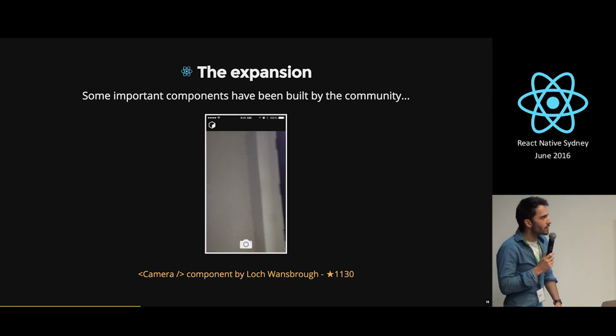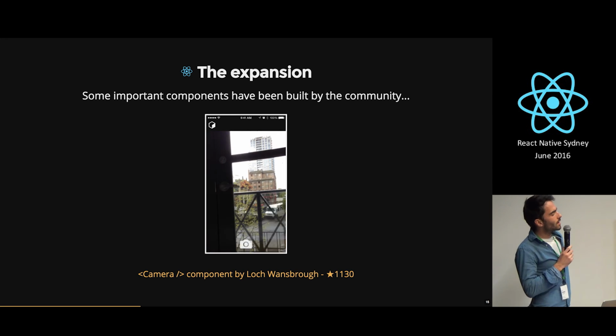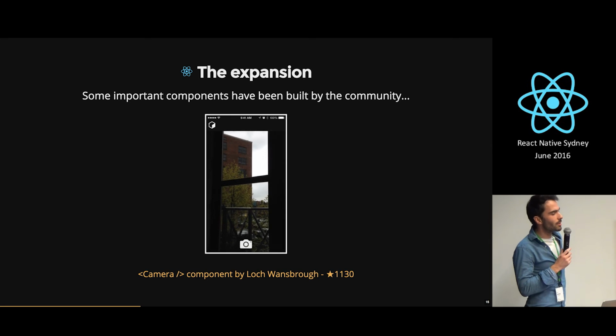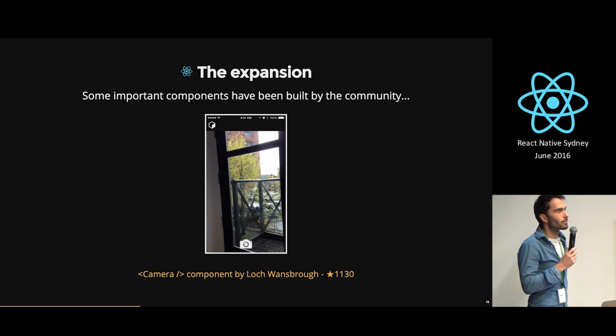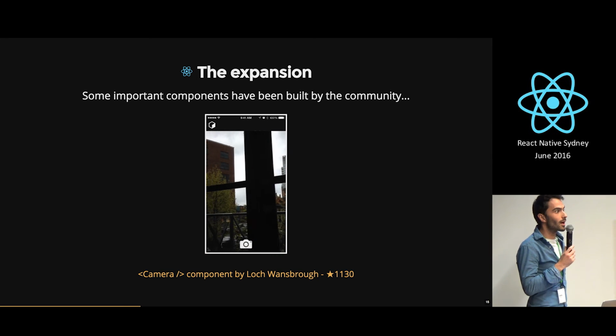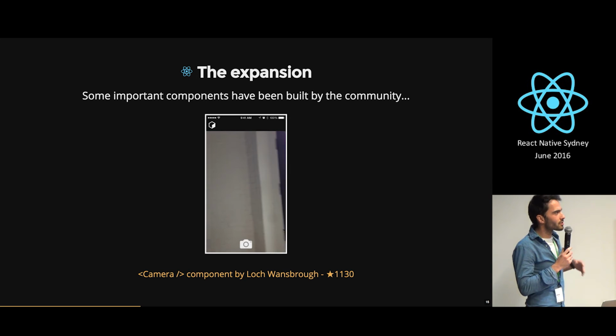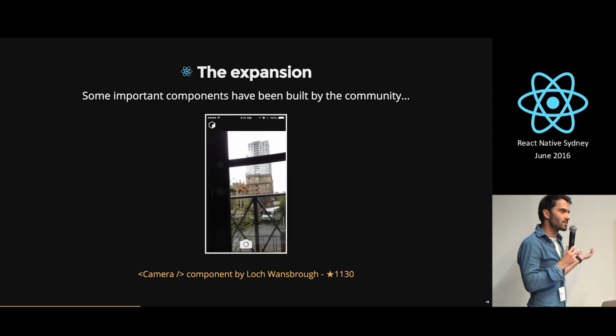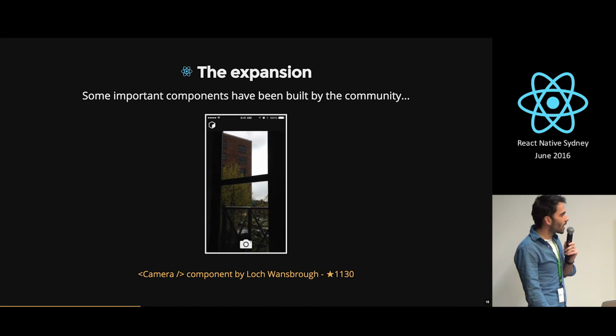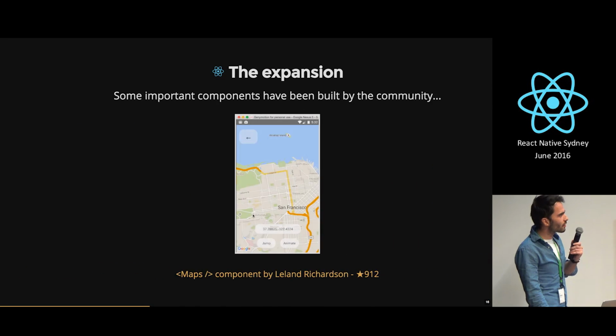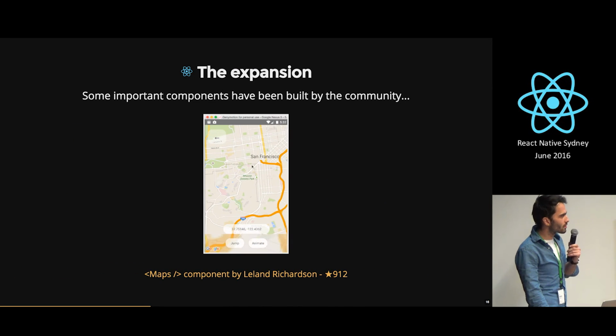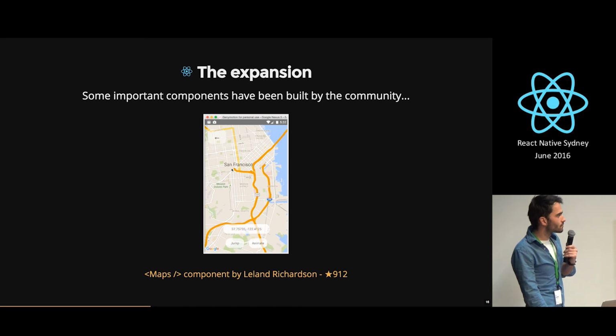Sorry if I say it wrong. The camera is one of the components that you request the most for a mobile app, right? So I found it a bit surprising that it was not provided by Facebook itself. No offense. We can also find other components like the map and the video component.